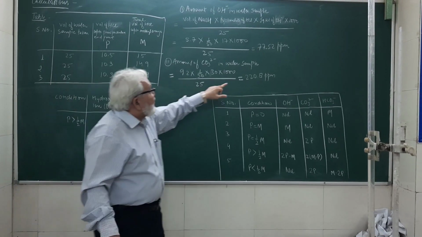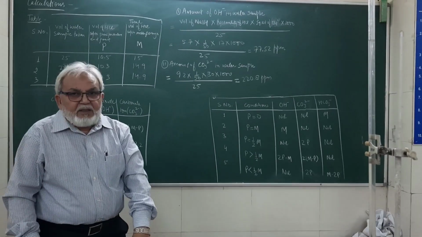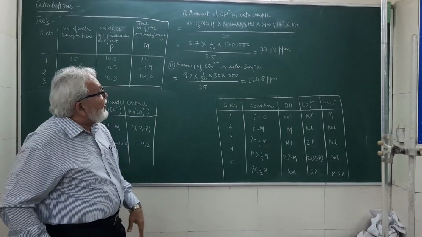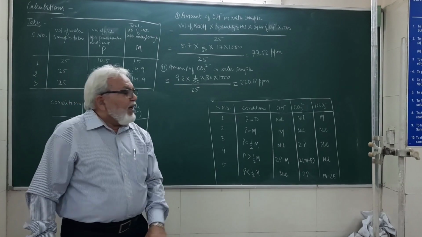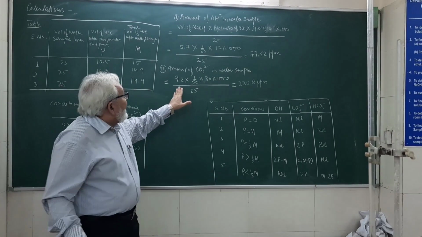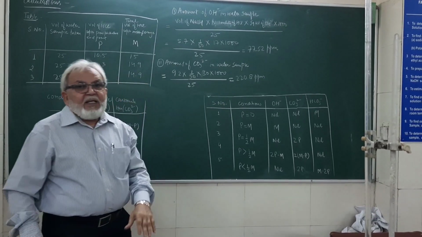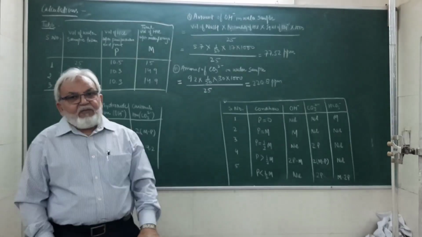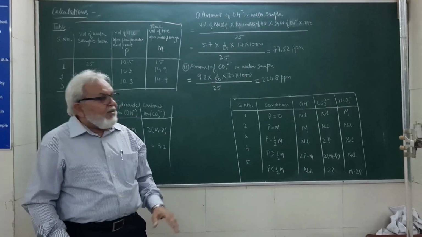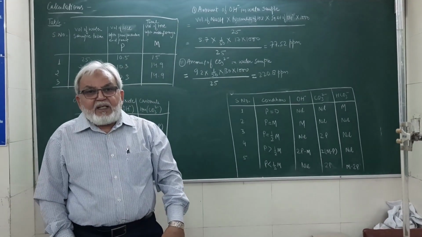So the value comes to 220.8 ppm. So you will write down that the alkalinity due to hydroxide is 77.52 ppm and the alkalinity due to carbonate is 220.8 ppm.